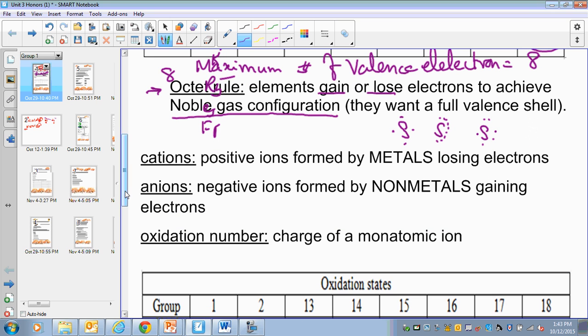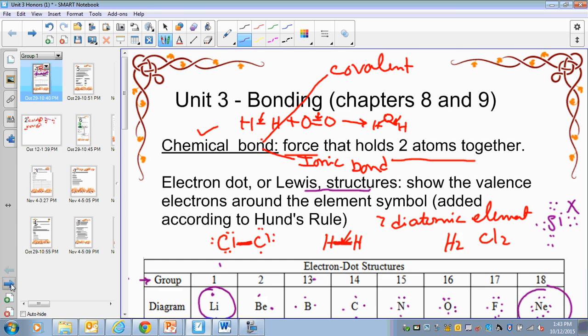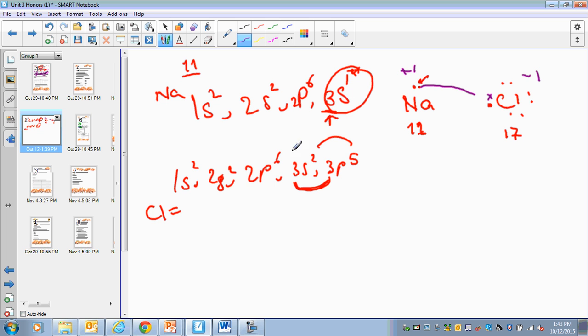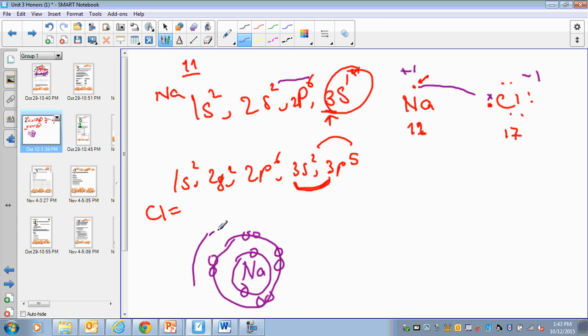As I am saying, according to the octet rule, elements are going to gain or lose electrons to get the 8. Let's talk about sodium. We were doing the electronic configuration of sodium. Sodium has 2 in the first energy level, 8 in the second energy level, and then 1 in the third energy level.